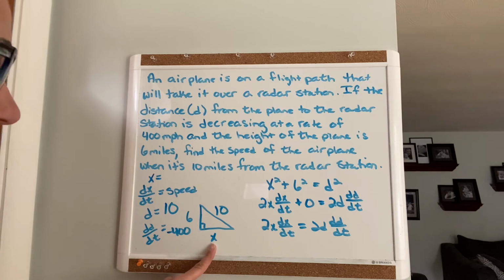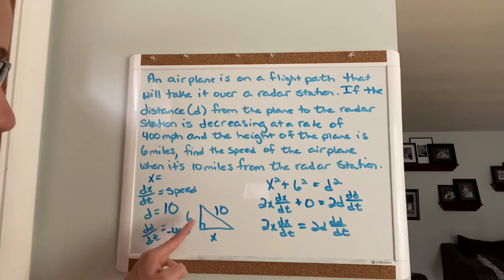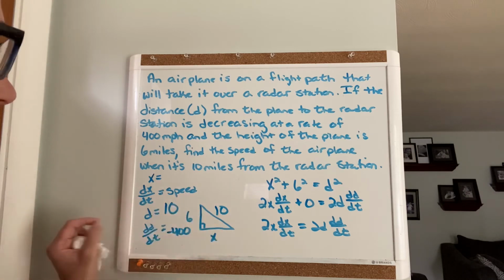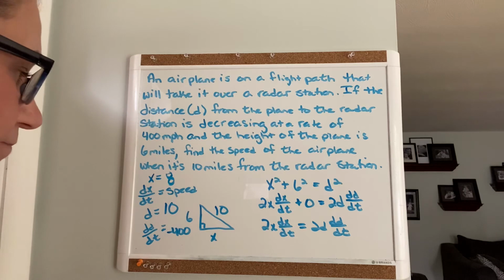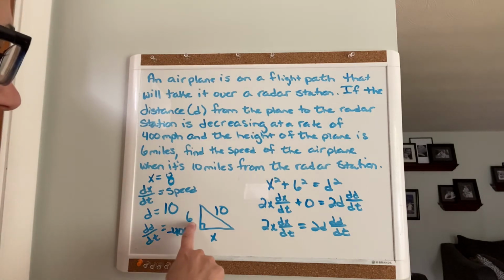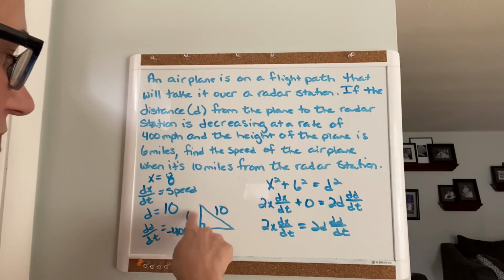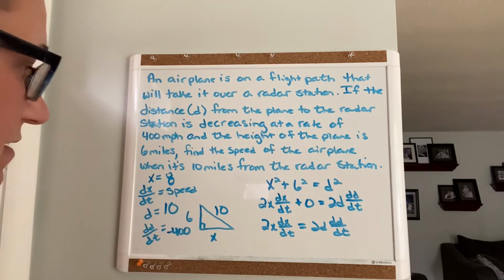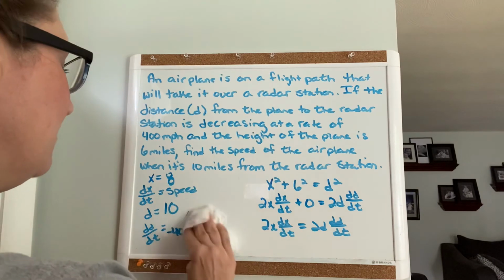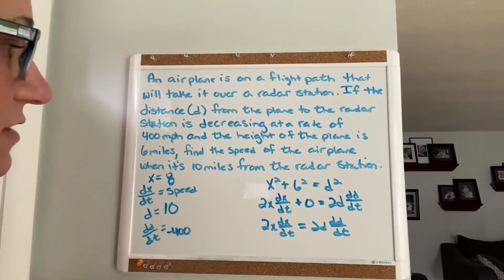And I'm hoping that you guys recognize that this is a 3, 4, 5 right triangle, so 6, 8, 10. If you do the Pythagorean theorem, you will find that x has a value of 8. So when the plane is 6 miles in the air, 10 miles from the radar station, its ground distance will be 8 miles.